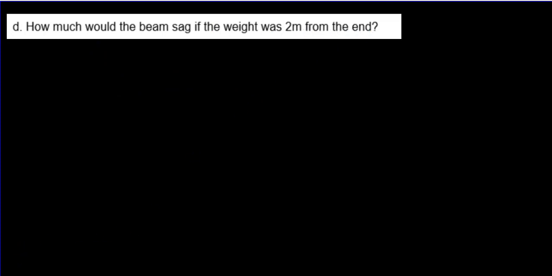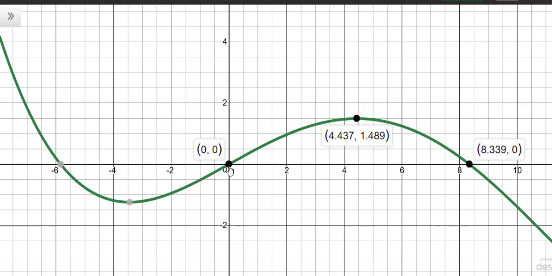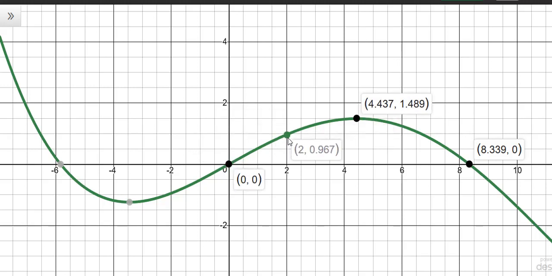How much would the beam sag if the weight was 2 meters from the end? 2 meters. Let's go back to Desmos here. At 2 meters, right here, the beam would sag. In fact, we can drag this point along here. Pretty nice, eh? At 2 meters, there we go. It's 0.967. Wow.